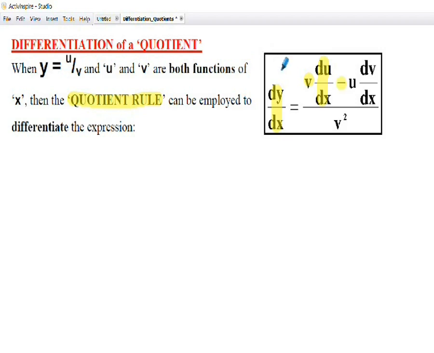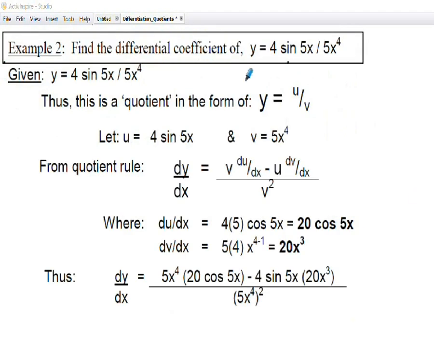Then we take away u times the differential of v with respect to x, and the whole expression there is divided by v squared.